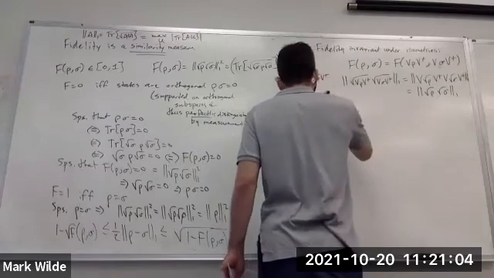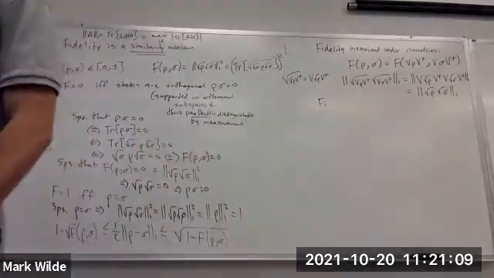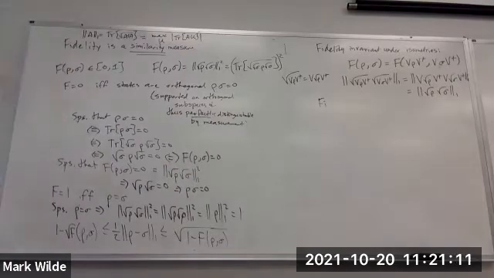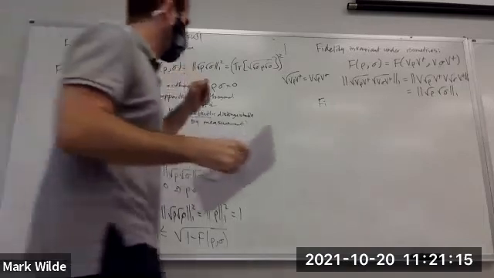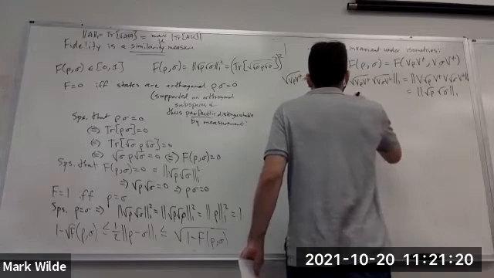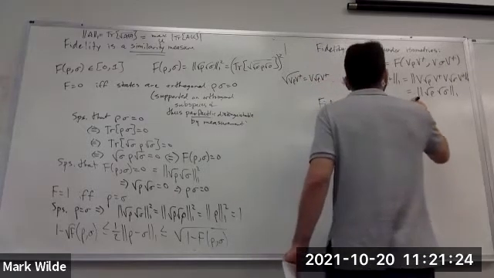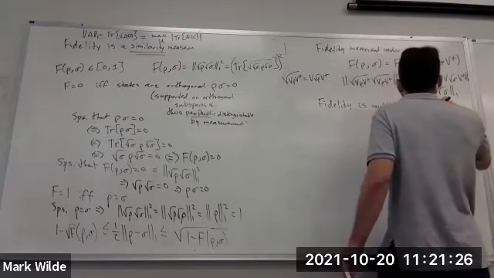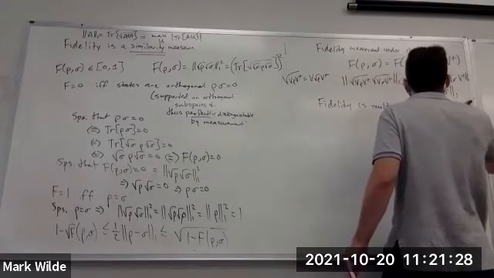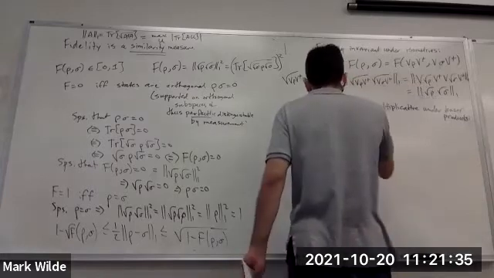Fidelity, this is a nice property. We're often interested in quantum information in how measures look if you take tensor products. And fidelity has the nice property that it's multiplicative. Okay. What does that mean?